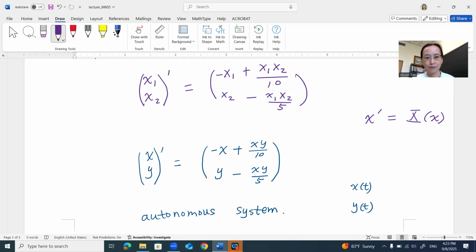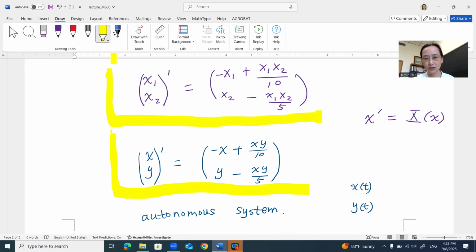So from the XY representation, we can simply change the name into two equations of X1, X2. And we can even write it into the single equation form.